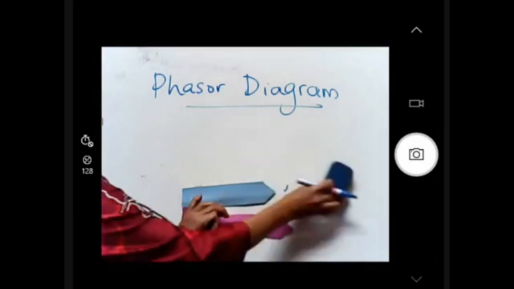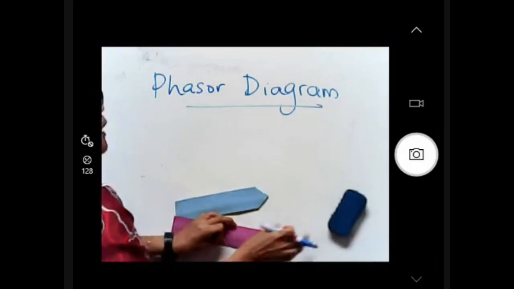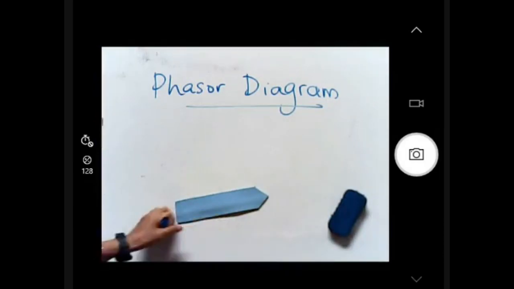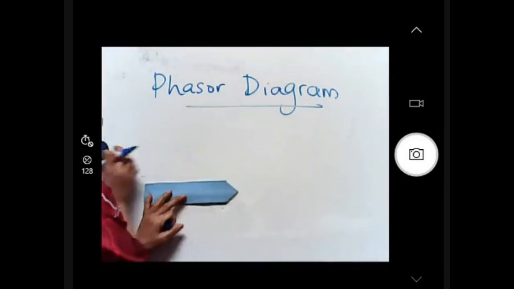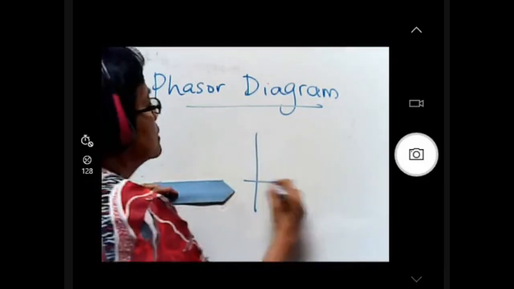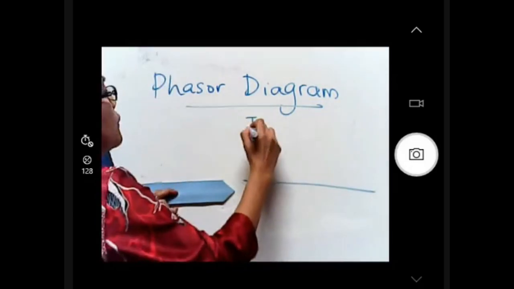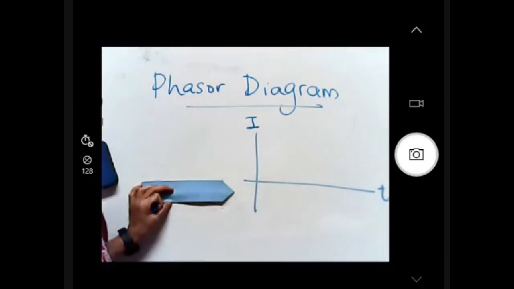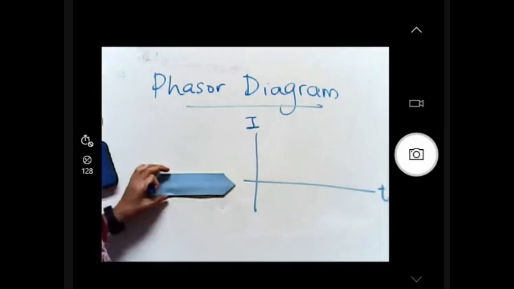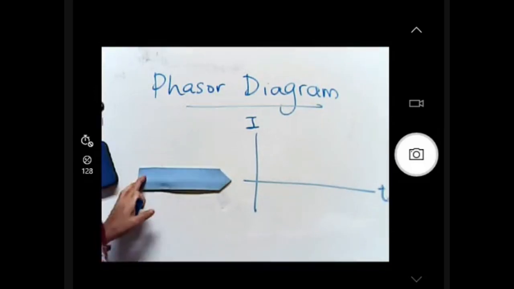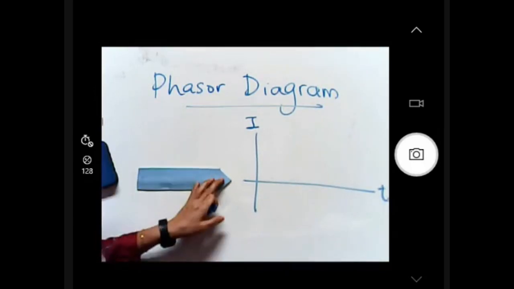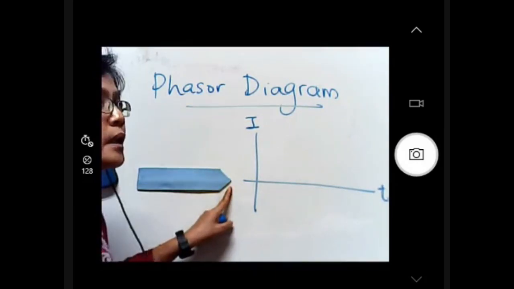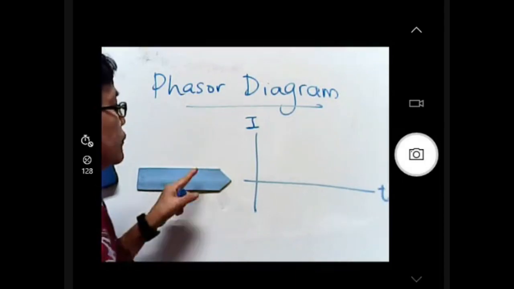So we can see how it is related to our sinusoidal graph. Let me draw an axis. Let's say I want to study current, and this is the time taken. If I start from the initial point here, I will measure the vertical component of this vector.